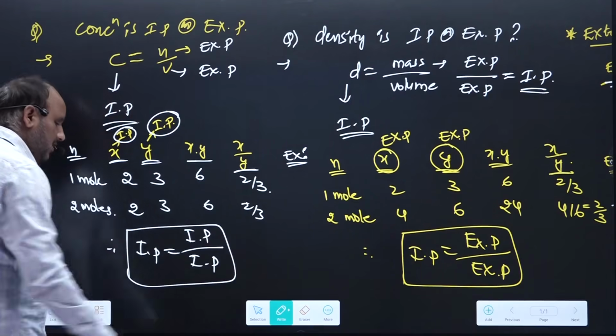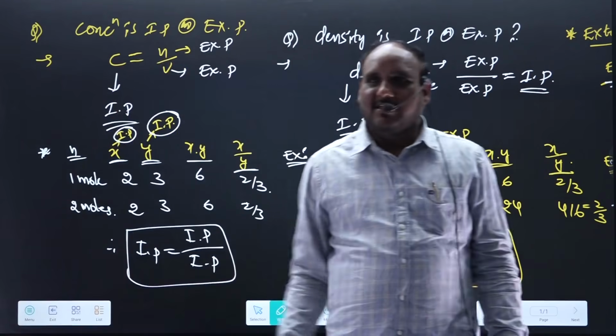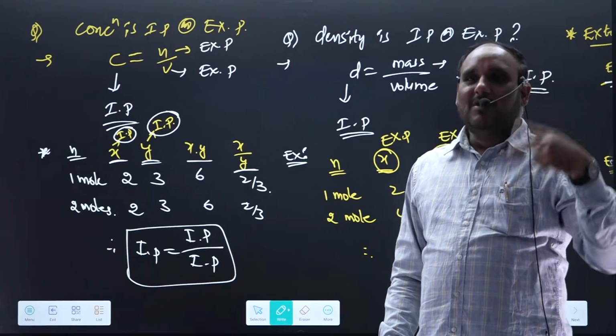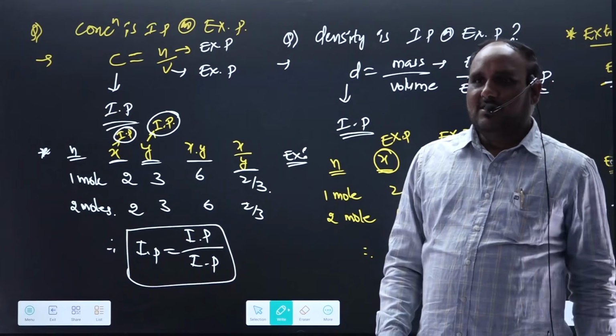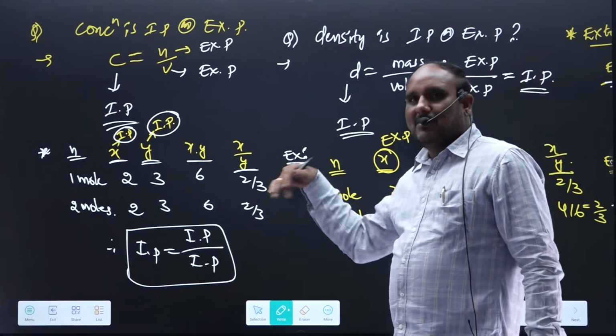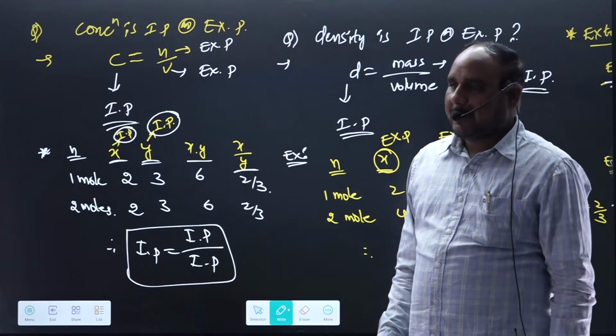The ratio of two intensive properties also becomes an intensive property. Either the ratio of extensive properties or the ratio of intensive properties is always an intensive property only. Just keep these two points in mind. So we are able to solve even other problems easily based on this.